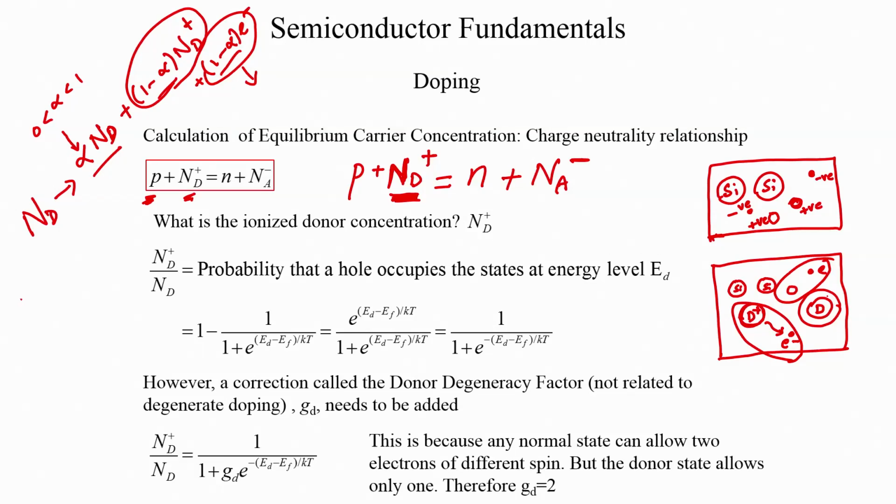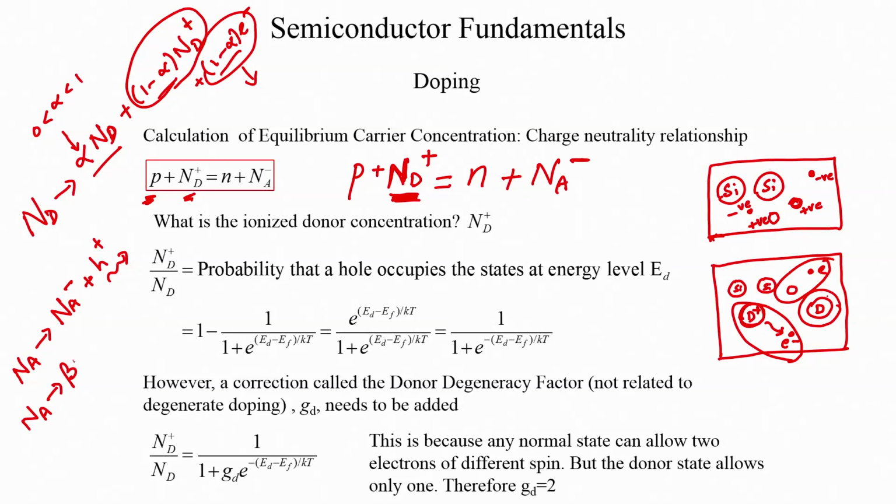Just like how we talked about donor ionization, the acceptors will also have to get ionized, which means that a neutral acceptor species will take up an electron to complete the bonding. An acceptor will ionize by taking up an electron and giving up a hole, which is free to move about in the lattice.